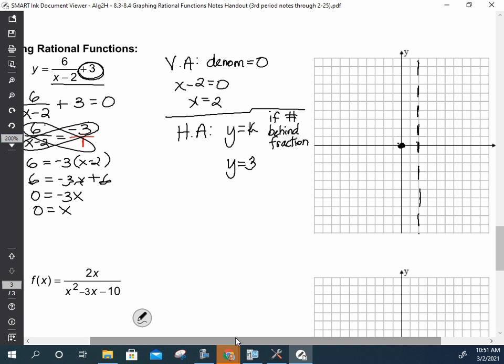This is how you draw it. Go to the y-axis and put a horizontal line through y equals 3. Again, I don't care if it's solid or dotted, just make sure it's there.